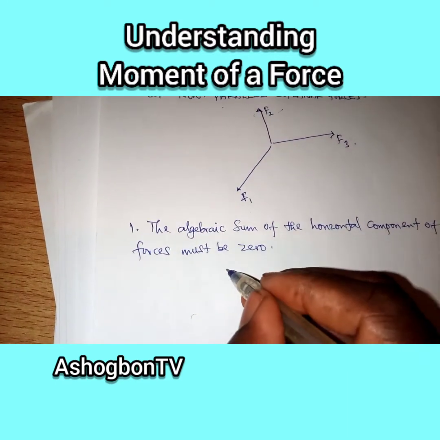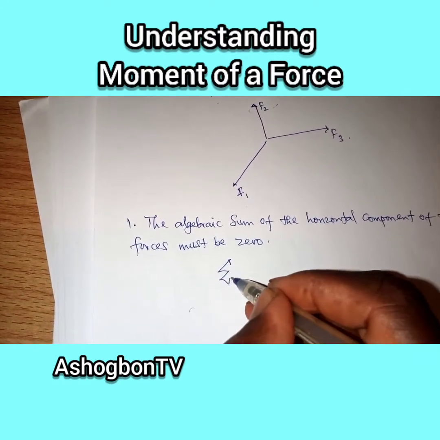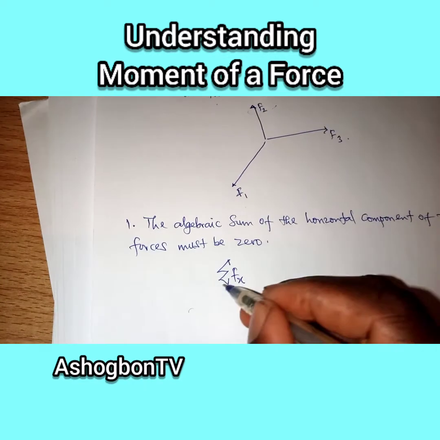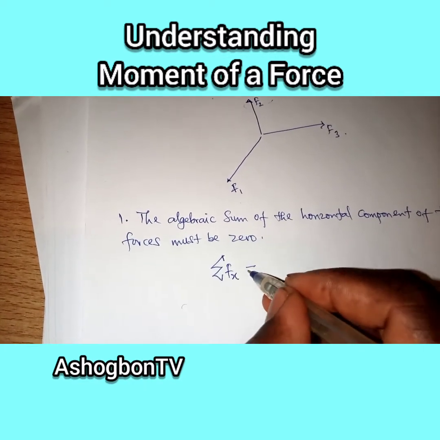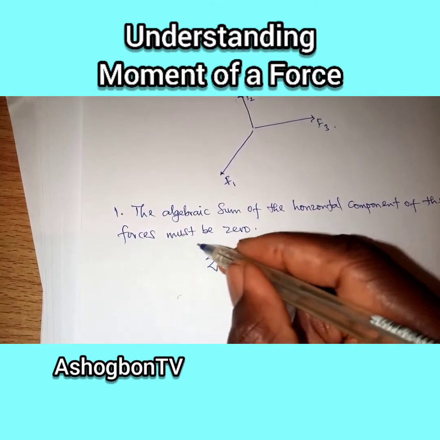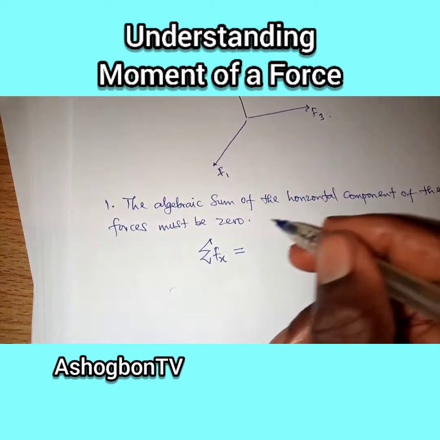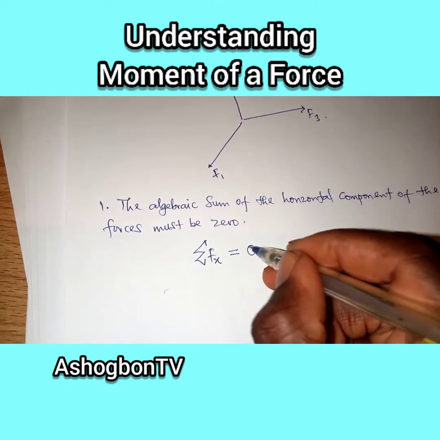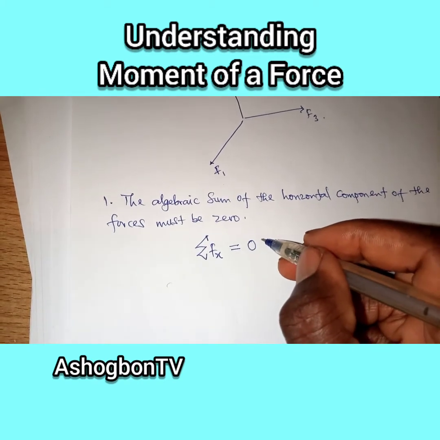How do we mean? Let's assume you resolved along the horizontal axis. If you add all the horizontal components of the force acting on a body, it must be equal to 0.